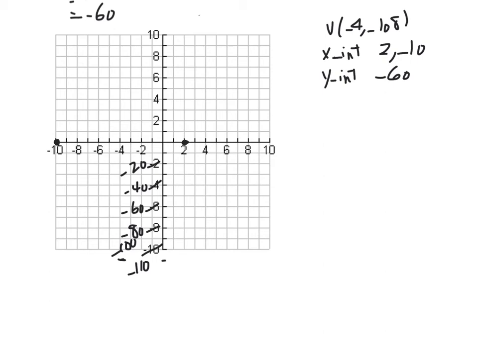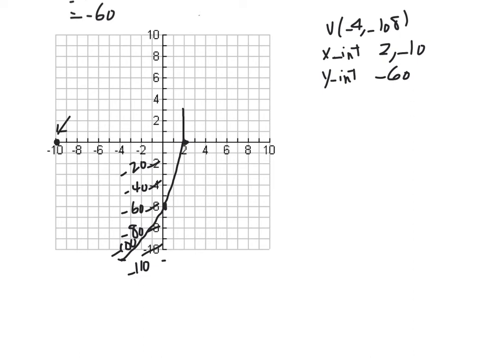And the y-intercept is -60, which is here. So I can plot a smooth curve going through the 2 points on the right of the vertex. Now on the left, I have one point, which is here.